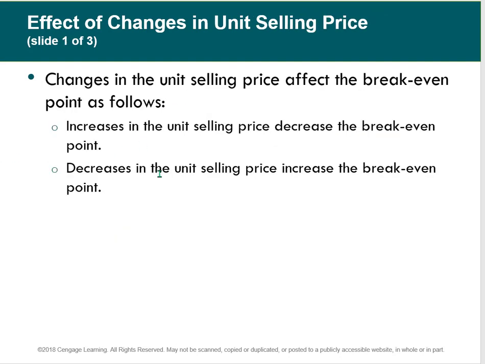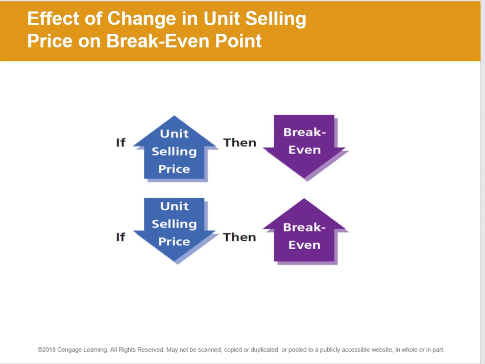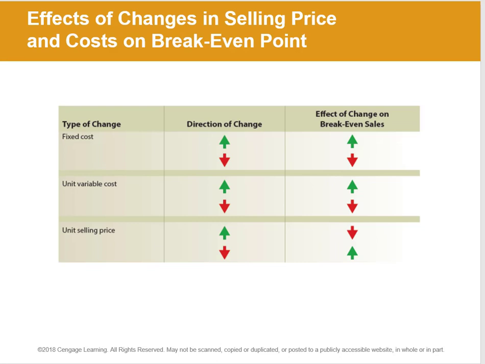So changes in the unit selling price also affect it. If you increase the selling price, though, break-even goes down, right? And if you decrease the selling price, break-even would increase. So it's sort of the opposite, but this, again, is common sense. Now here's a summary of all these changes.